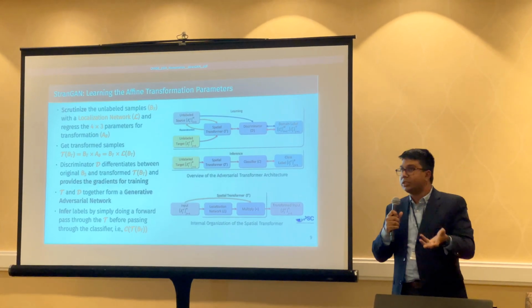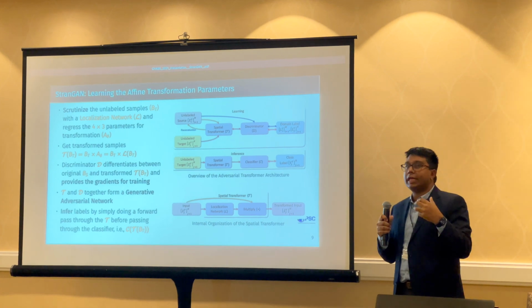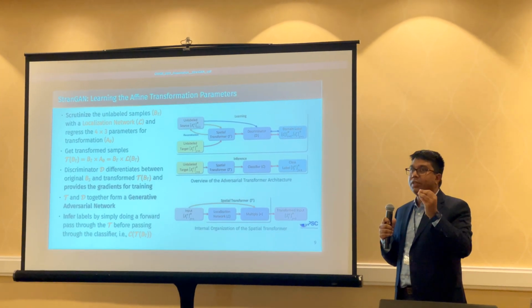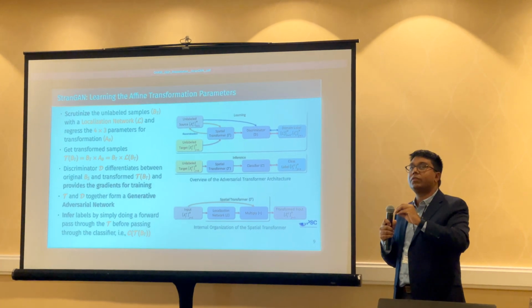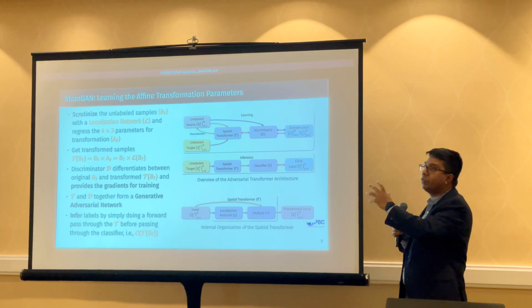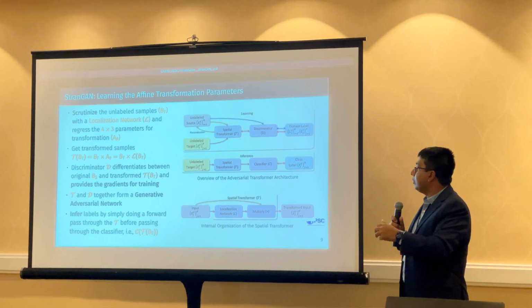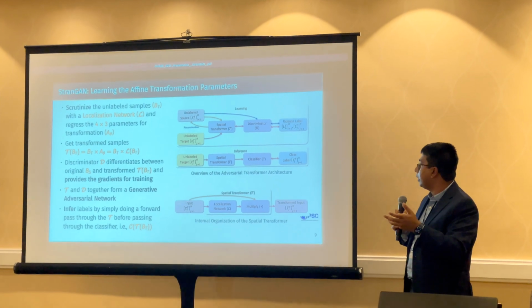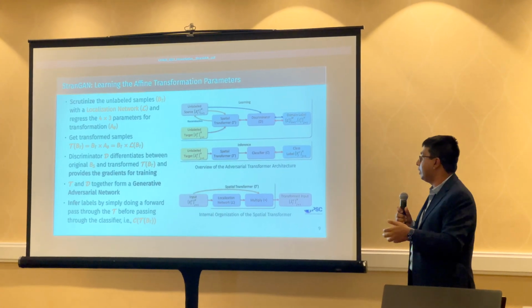Then we use a discriminator, because we expect the distribution of the data you have just transformed to be very similar to the distribution of the source samples. So we have a discriminator to differentiate between them. And as you would guess, this is actually a generative adversarial network.